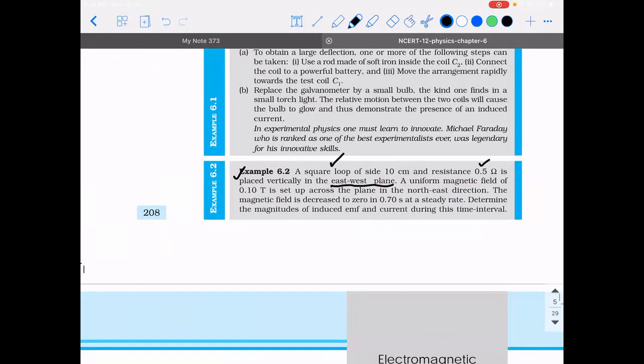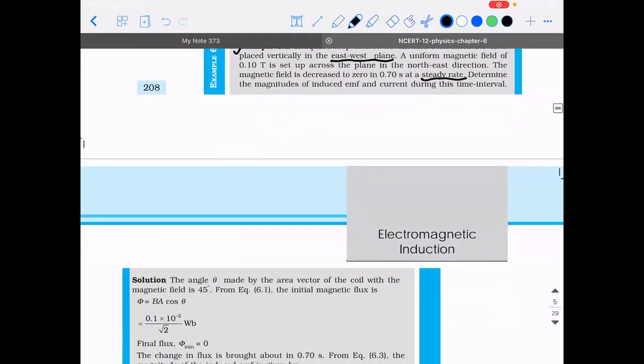A uniform magnetic field of 0.1 Tesla is set up across the plane in the northeast direction. The magnetic field is decreased to 0 in 0.7 seconds at a steady rate. Determine the magnitude of induced EMF and current during this time interval.